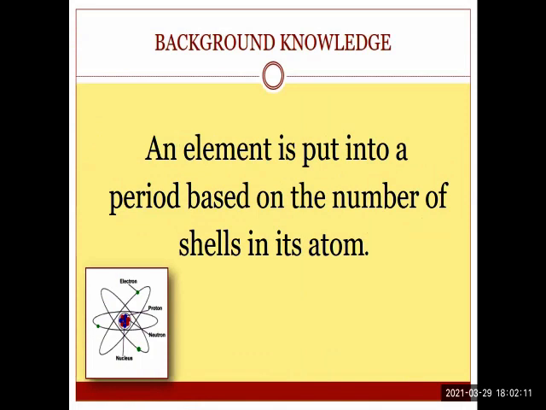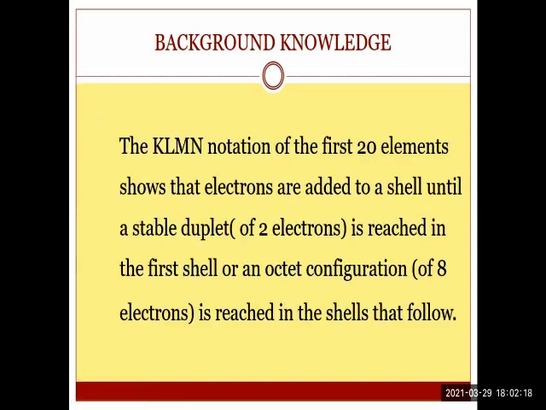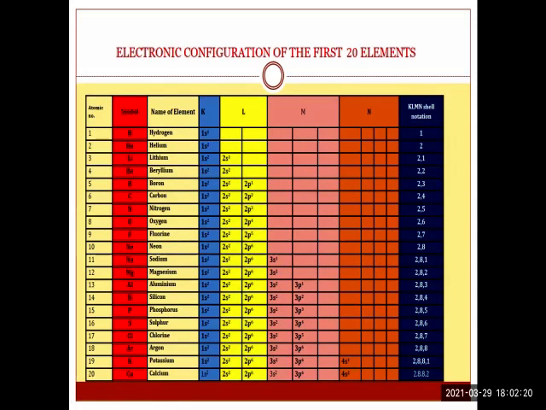An element is put into a period based on the number of shells in its atom. So we count the number of shells to know what period an element belongs to on the periodic table.